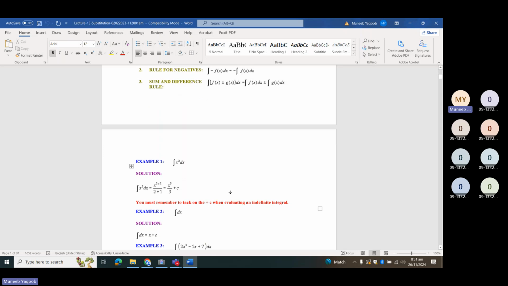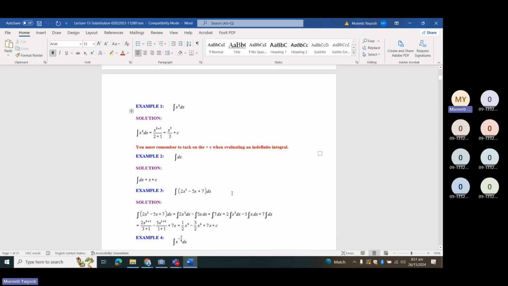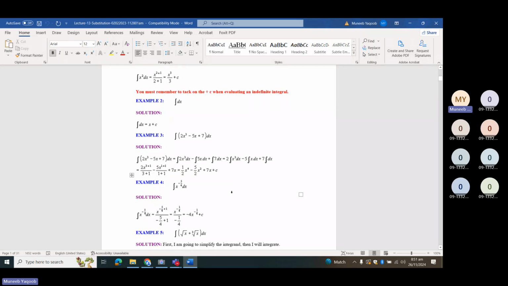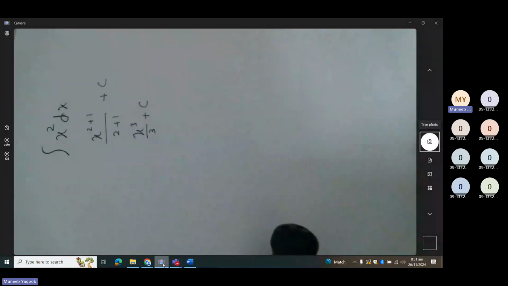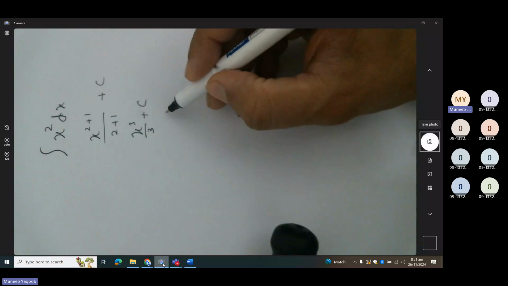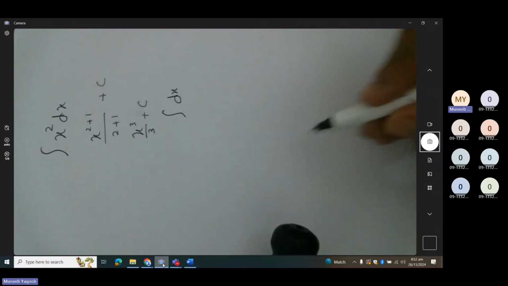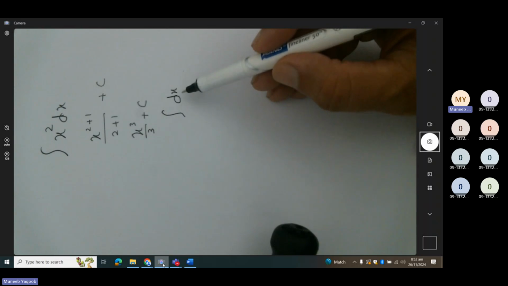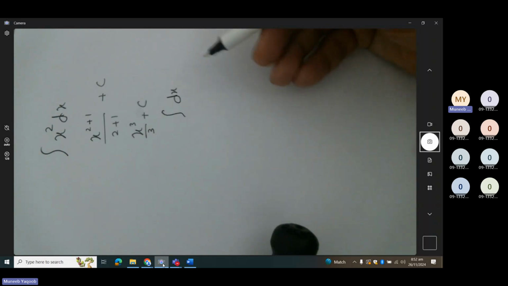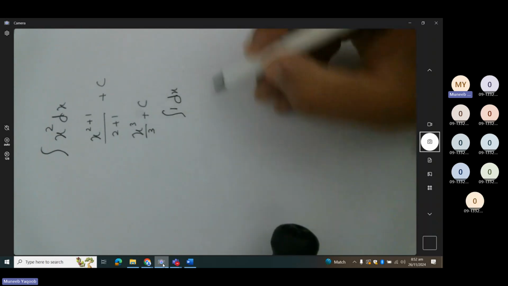Okay, so coming to the next example, integral dx. Sometimes students get confused when integrating dx. If we are to do this integral dx, it is just like integral 1 dx.